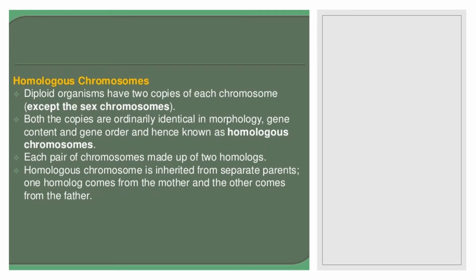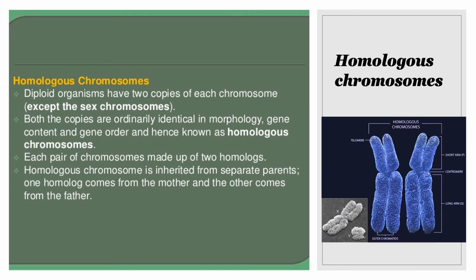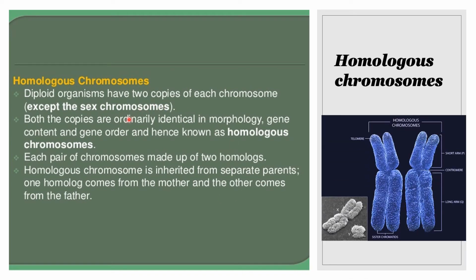Now, what is next? Something about homologous chromosomes. What do we mean by homologous chromosomes? Homologous chromosomes are copies of chromosomes that are identical in morphology, gene content, and gene order. Diploid organisms have two copies of each chromosome, except the sex chromosomes.